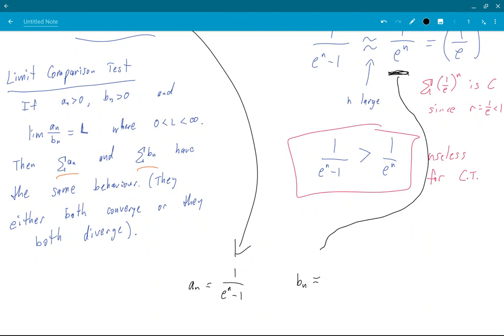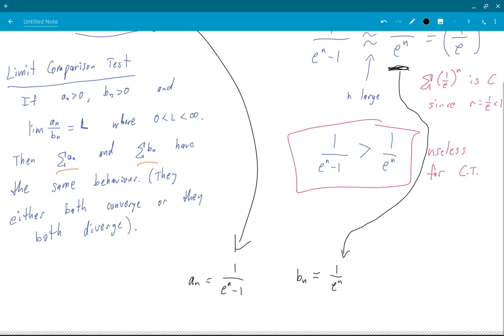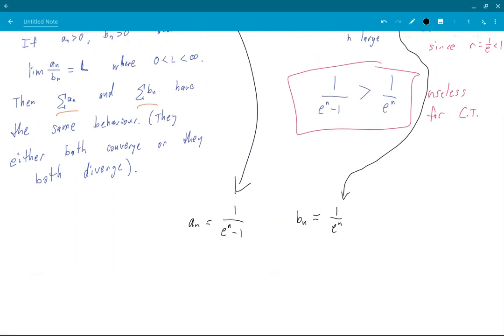So bn is a kind of simpler sequence that is similar to an when n is large. So I'll use my limit comparison test. So I'll calculate this limit. Of course, n is going to infinity.